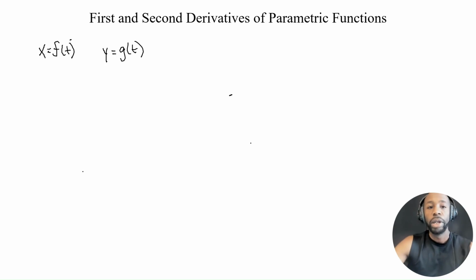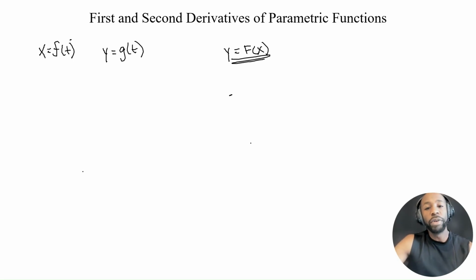Now, x and y are related in the following manner. y equals f of x. This describes the relationship between x and y. y is a function of x. And this is your parametric function.